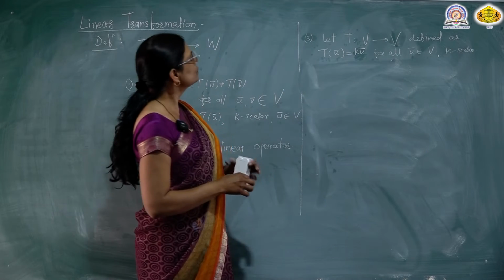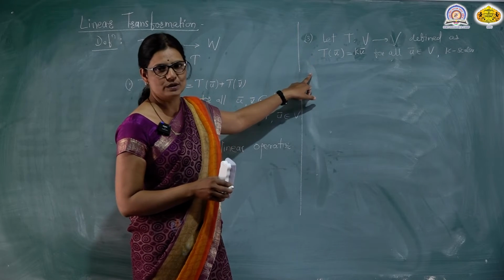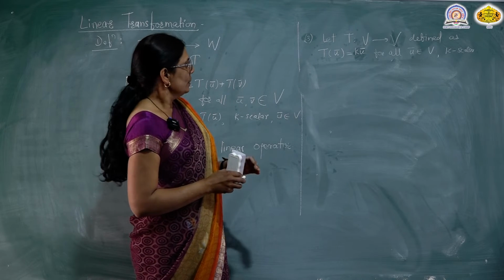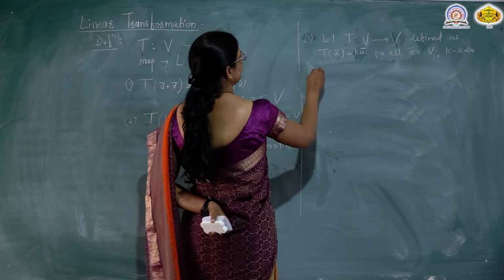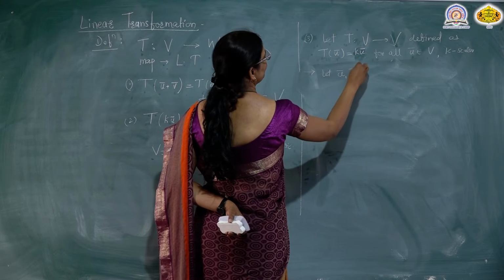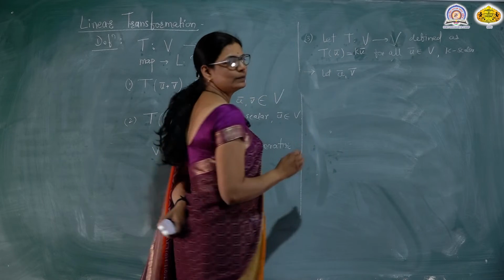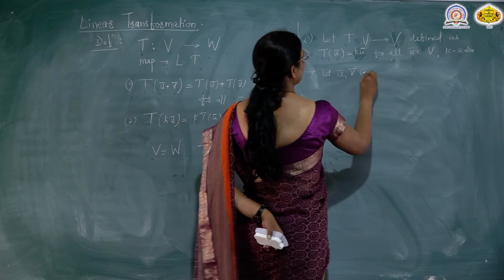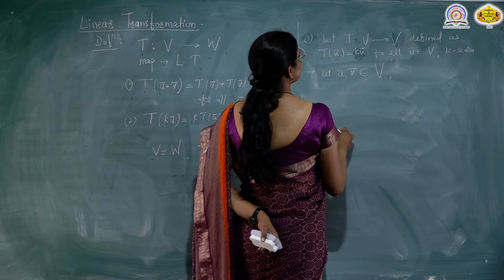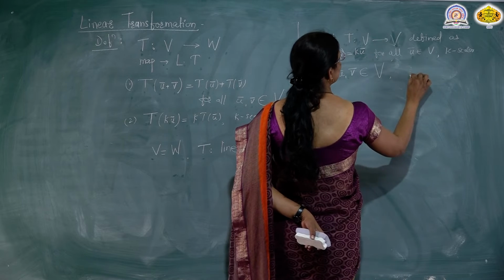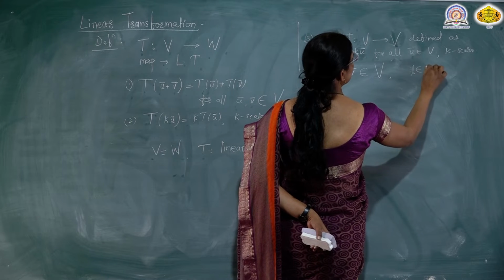So now we want to show that it is a linear transformation. For that, take two elements from V. Let u bar and v bar be two vectors from V. We consider another scalar, say l, as the scalar.